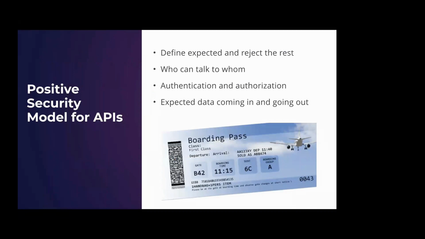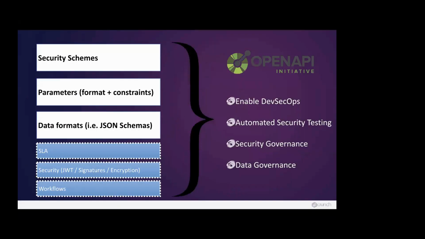So as you said, define the expected and reject everything else, define everything that you want. In OpenAPI, it would be the same thing in AsyncAPI. That's where I can describe my security, all my data formats. We're now enriching this also with SLAs for rate limiting, with advanced security workflows.